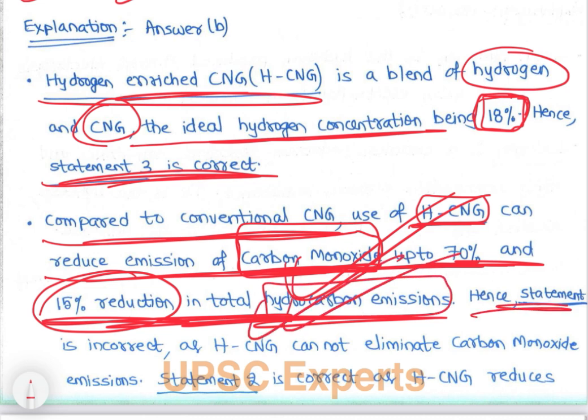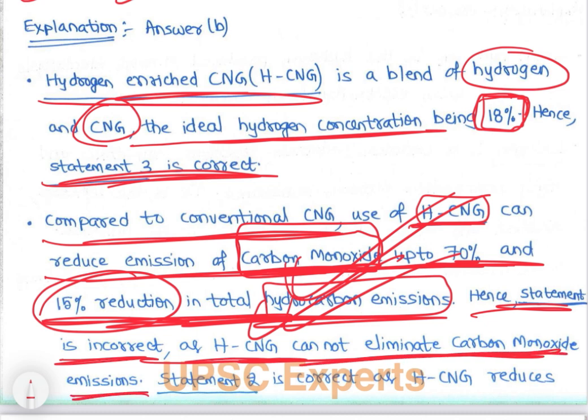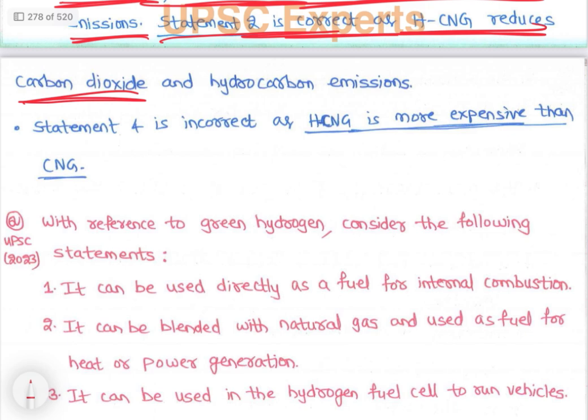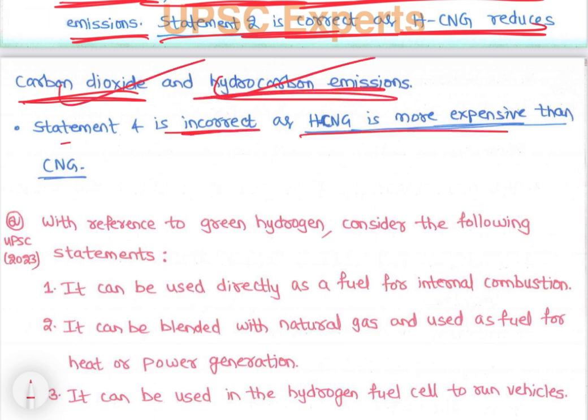Hence statement 1 is incorrect as HCNG cannot eliminate carbon monoxide emissions. Statement 2 is correct as HCNG reduces carbon dioxide and hydrocarbon emissions. Statement 4 is incorrect as HCNG is more expensive than CNG.